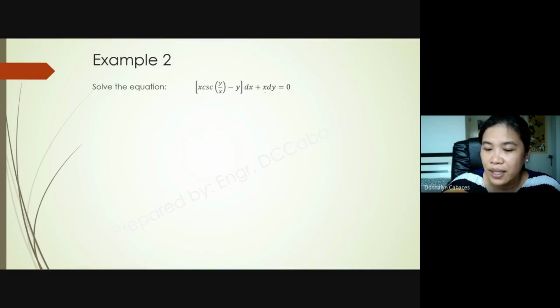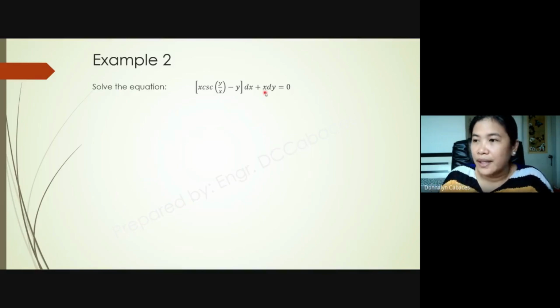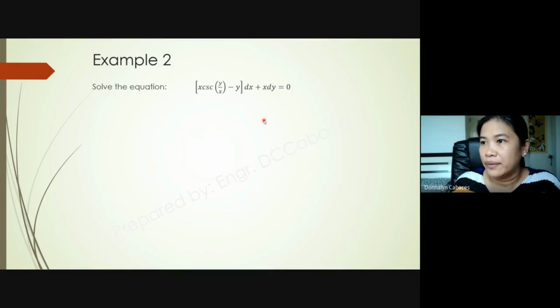So as you can see here, the second term of the differential equation is x. So it is first degree or degree 1. This term is y, so this is also degree 1. So we just need to take a test for homogeneity for this term. You have here x. So when you take lambda x, that would be lambda x.